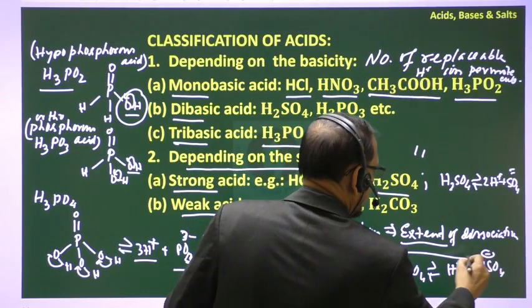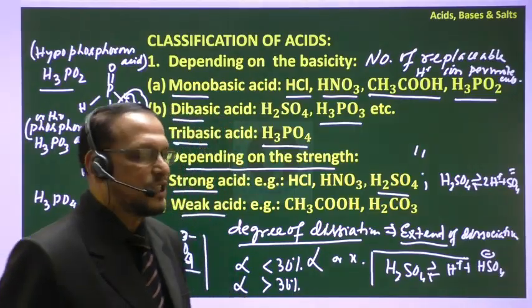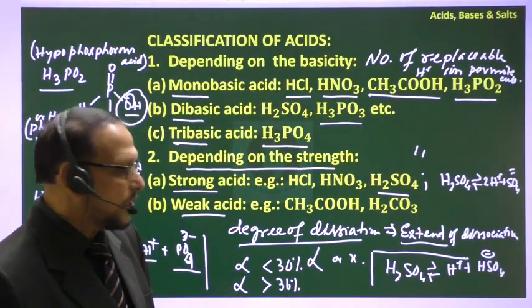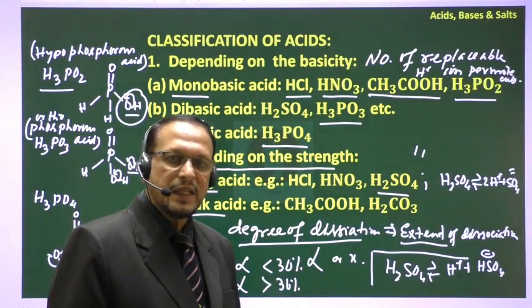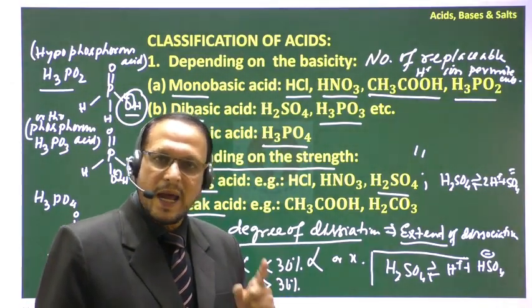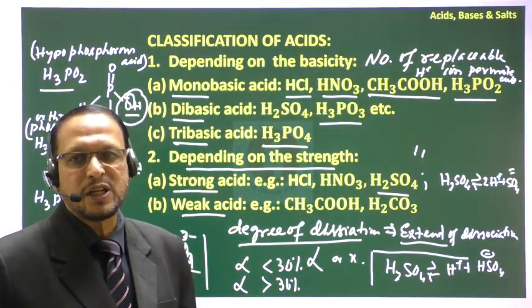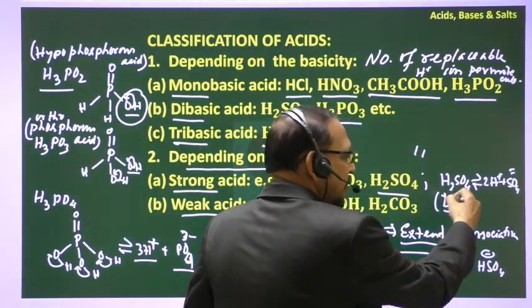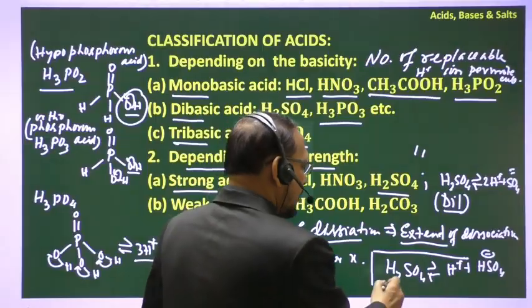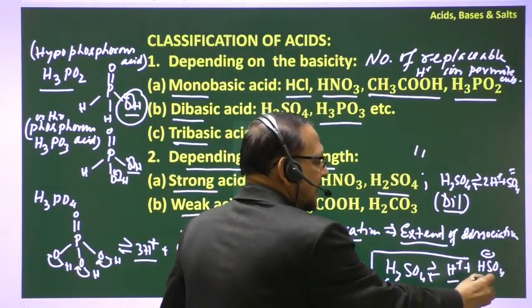If more water is added, then it will ionize again to give H plus and SO4 2 minus. That's why we sometimes say concentrated H2SO4 has less strength than dilute H2SO4, because dilute H2SO4 will completely ionize while concentrated H2SO4 will partially ionize.